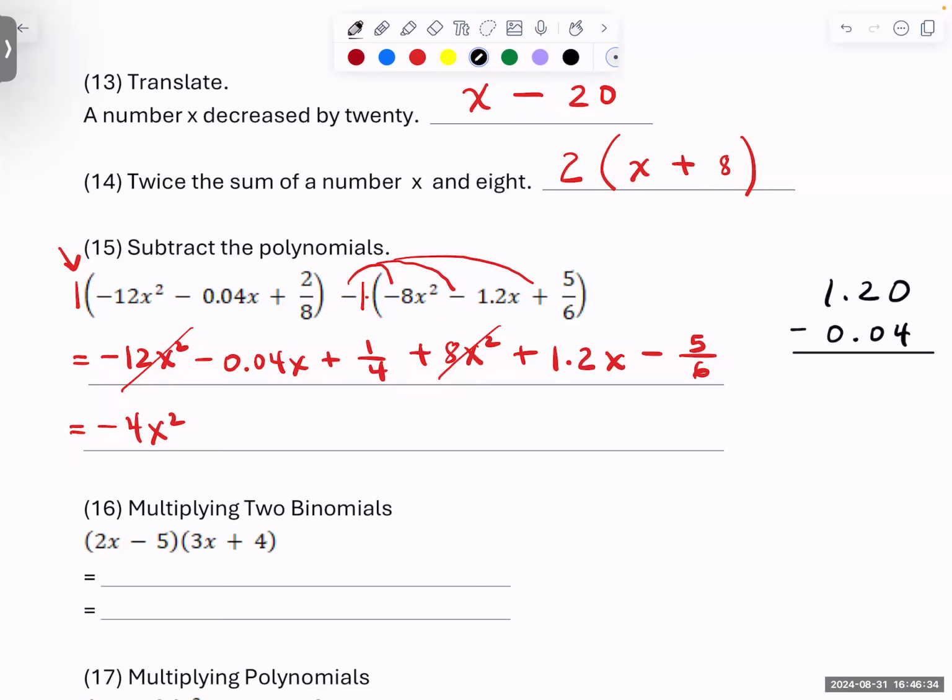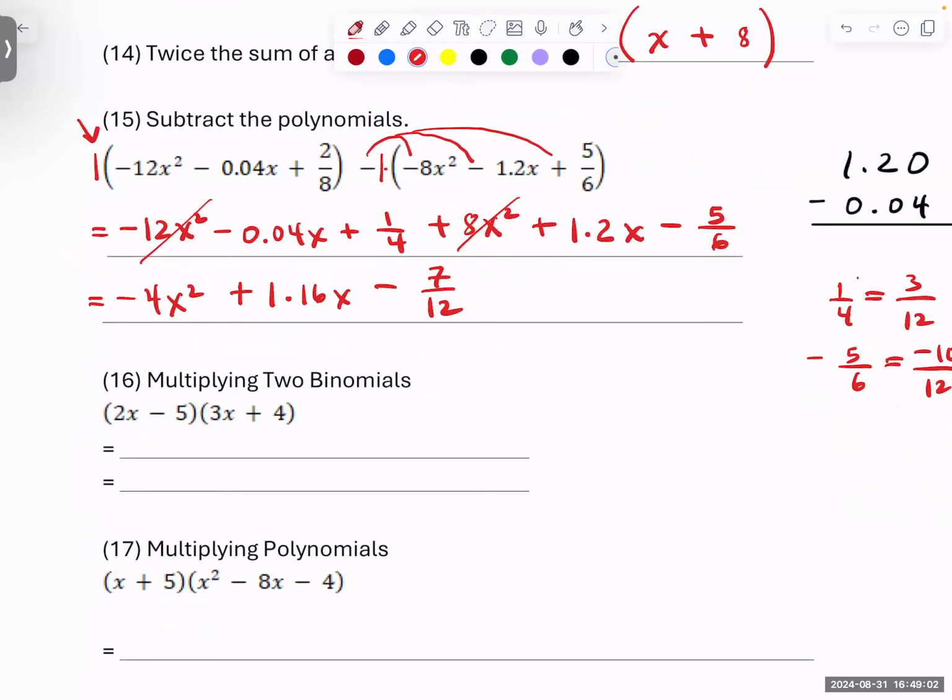Result is plus 1.16x. And the fractions, 1/4 minus 5/6. We have a least common denominator of 12. So 1/4 is 3/12, and 5/6 is 10/12. So 3/12 minus 10/12 is minus 7/12.